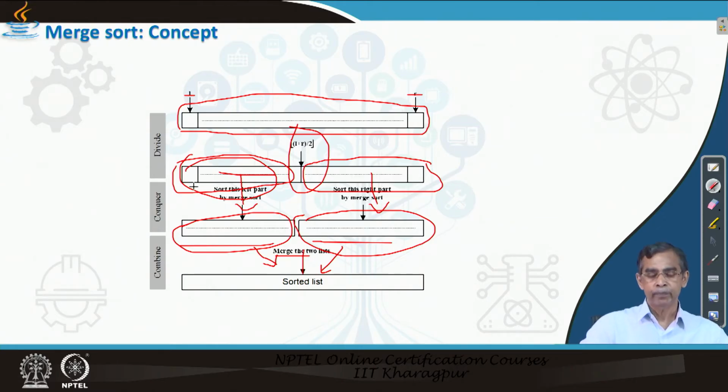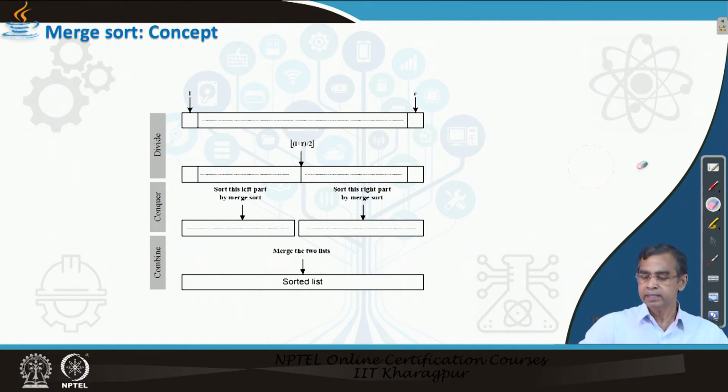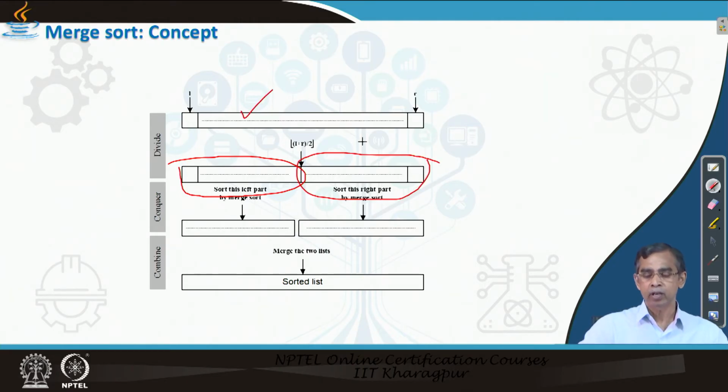Now, if this list itself is a very large list, then we can repeat solving the problem in the same manner, the way we have solved this problem. Similarly, if this one is also very large, we solve it in the same manner. So, initially the problem is of size n, now we divide it into size n by 2.